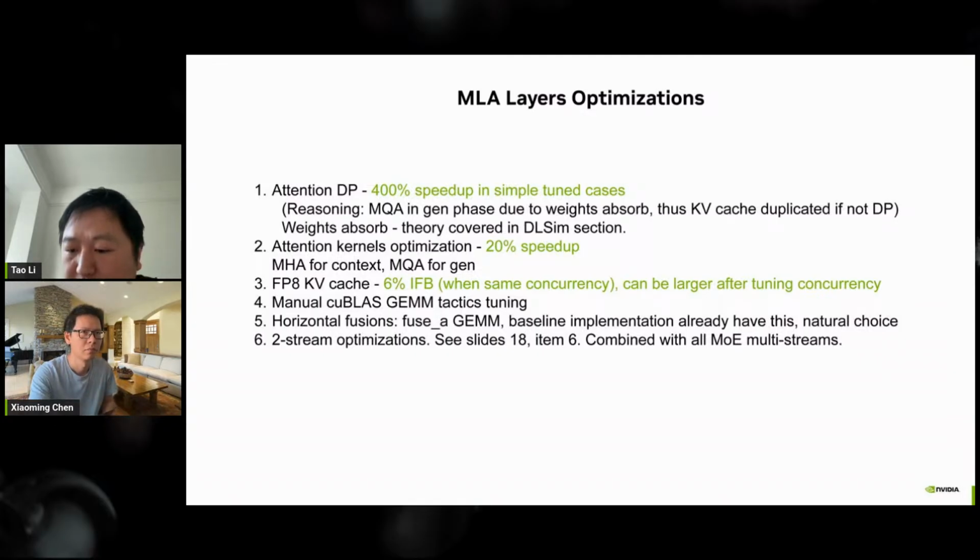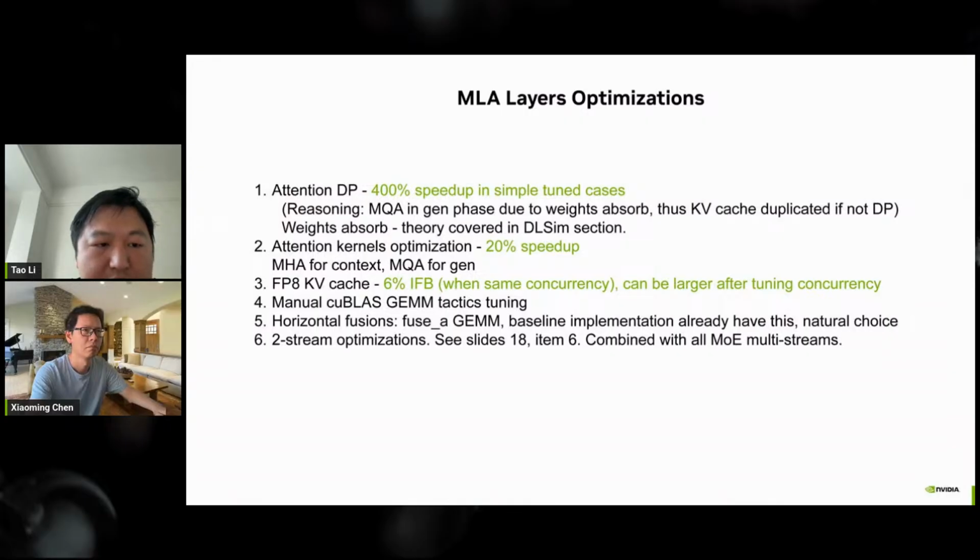The third one is the FP8 KV cache. Based on our measurement, if you just use the same concurrency, it can achieve 6% better performance, but it can be even larger, because if you use FP8 KV cache instead of BF16, the max batch size can be even larger after you tune it.